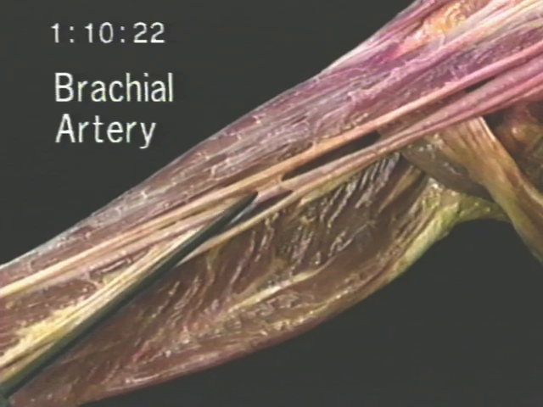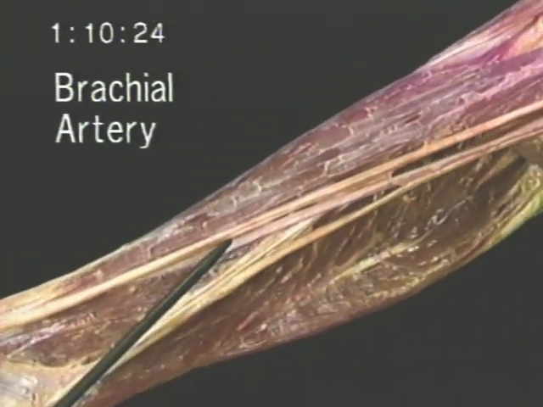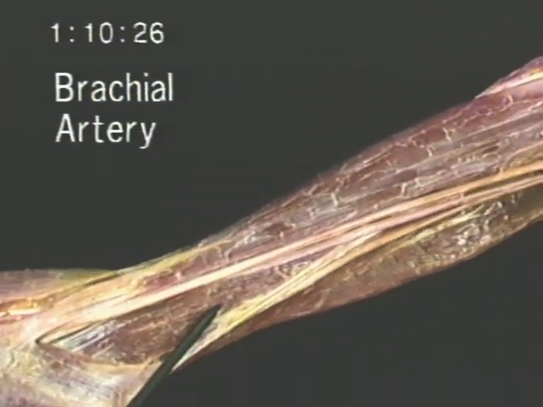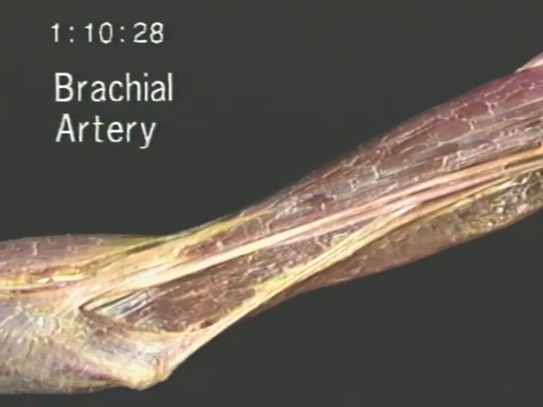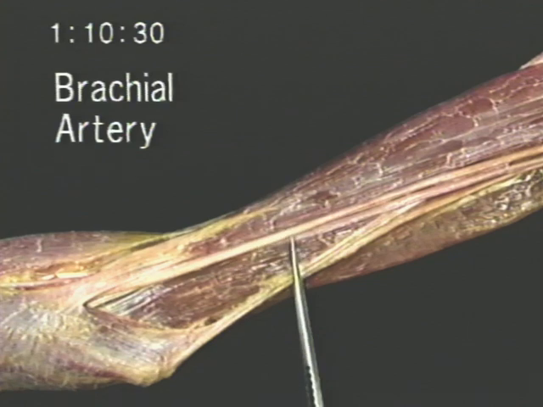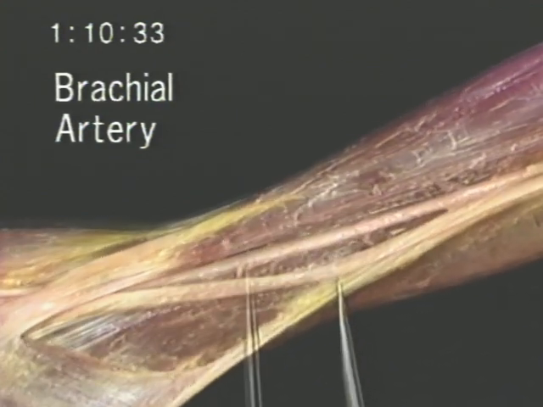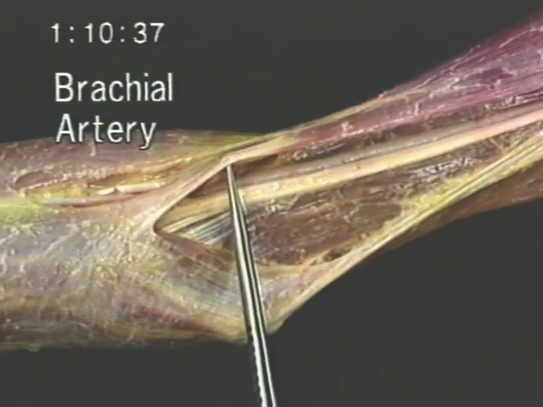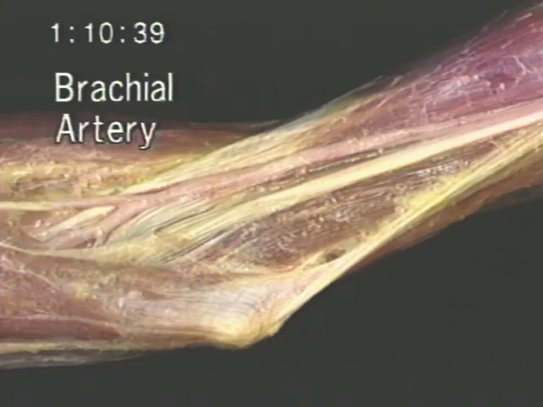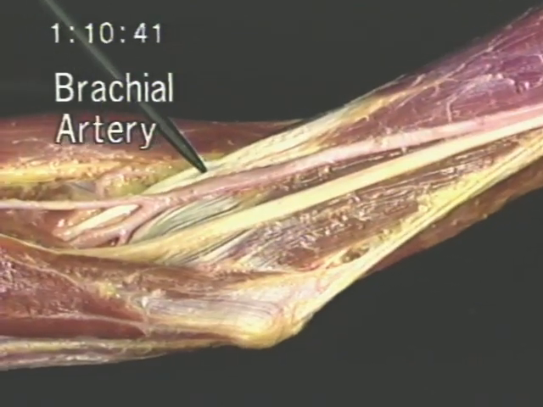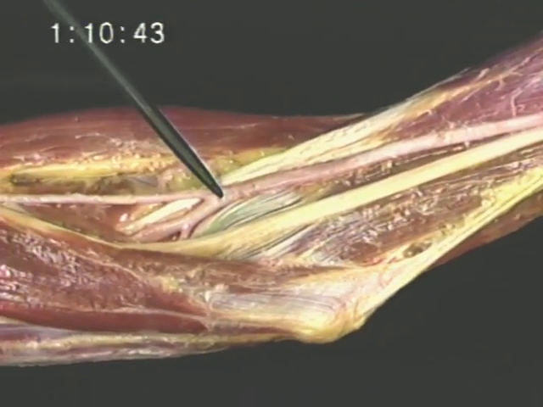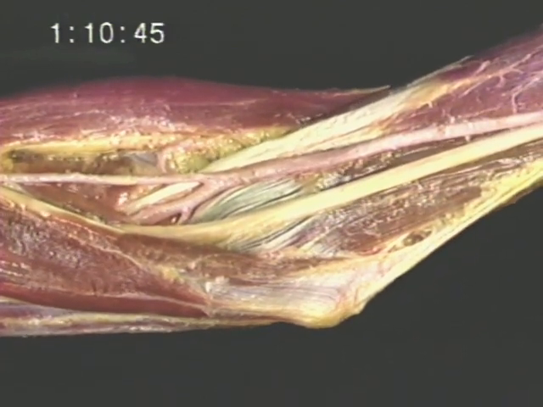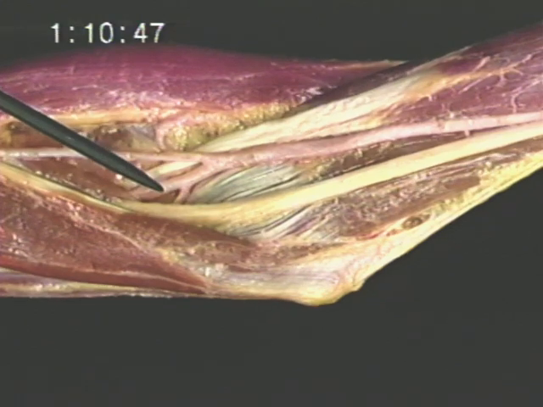The brachial artery runs down the medial side of the arm, alongside the brachialis muscle. The median nerve crosses over the artery. The brachial artery passes beneath the bicipital aponeurosis, which we'll remove. Alongside the biceps tendon, the brachial artery divides into the two major arteries of the forearm, the radial and the ulnar.